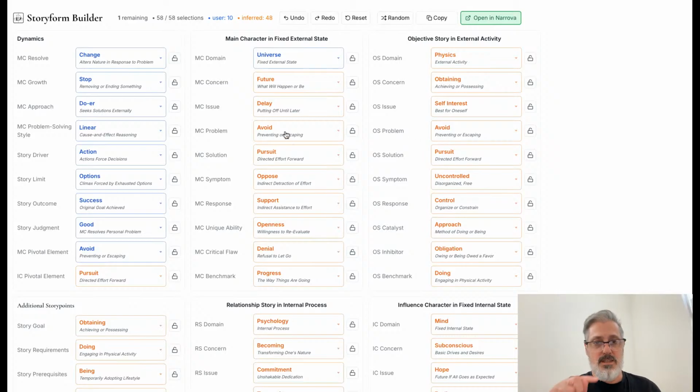And you'll notice that the main character and the objective story both share the same problem. So if you were to analyze this story, both the plot that everybody's dealing with and the main character's internal baggage all has to do with some form of running away from something.